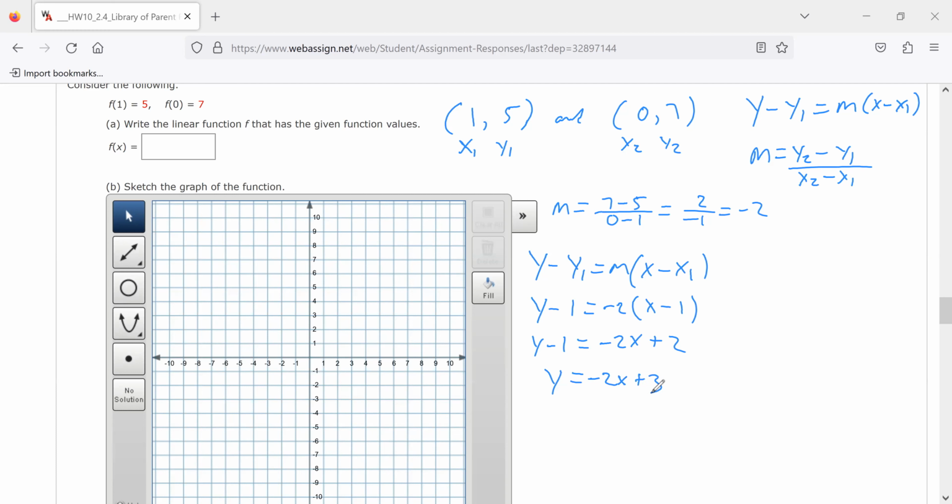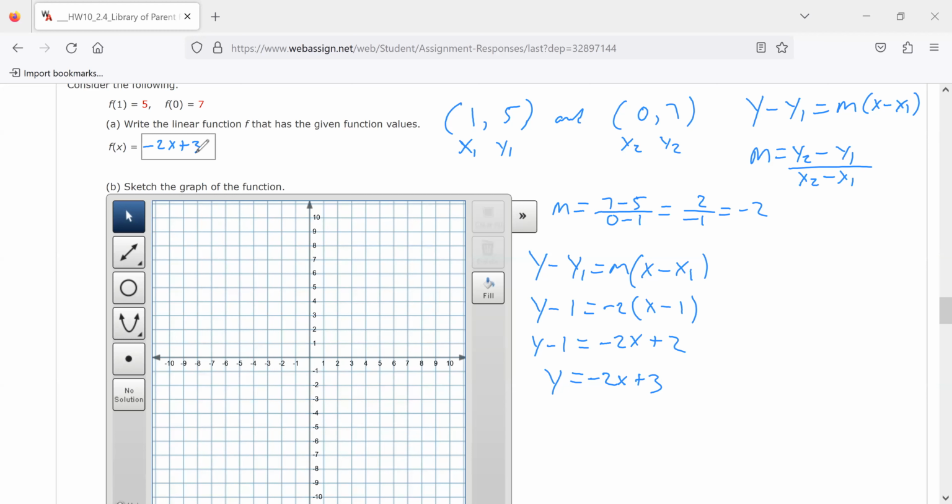So there it is. So the function you're looking for is -2x plus 3. We're not using y's, we're using f of x, right? So you just graph it, part B.